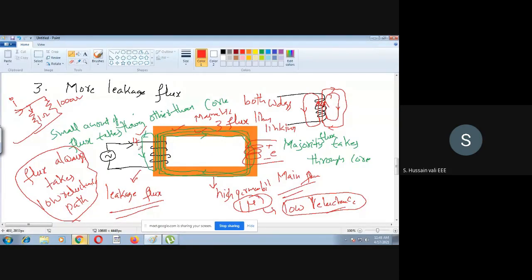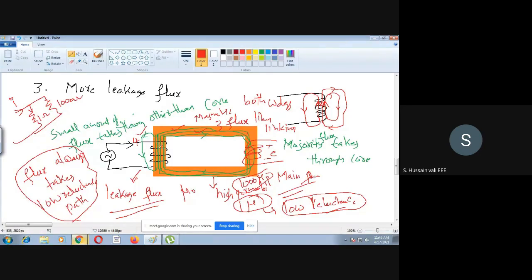Very small flux will travel through the air because air has high reluctance. Why? Because its permeability is just mu naught, whereas the core's permeability is at least 1000 mu naught.